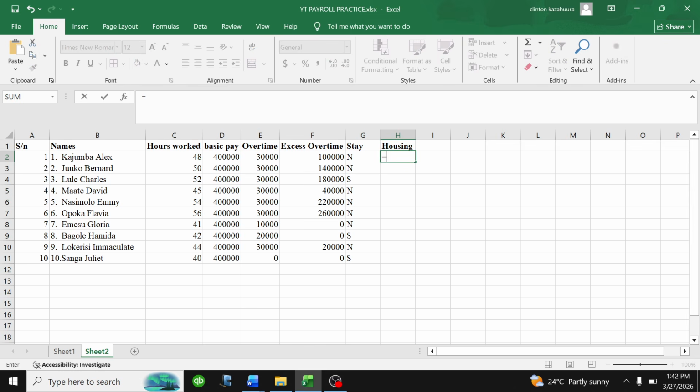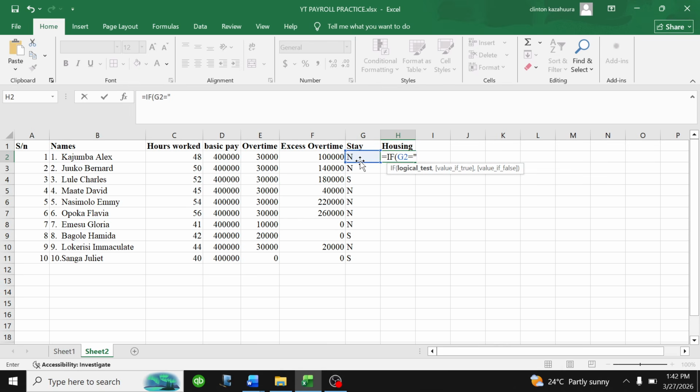I say equal sign. First put IF. Yes, it's an IF formula. I open brackets. I'm trying to say that if I click here in the staying status, if the staying status is equal to S, but then when you are putting a non-figure, which is now an alphabet, you must put that character in quotations.